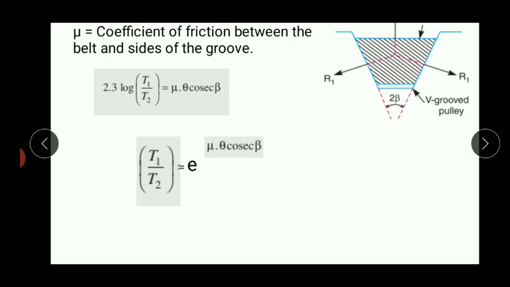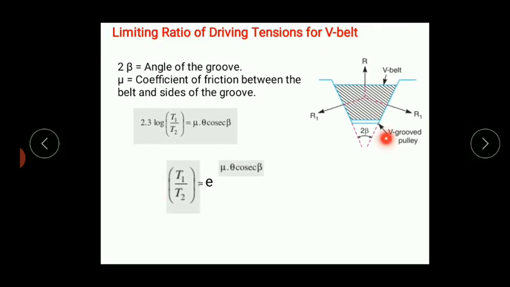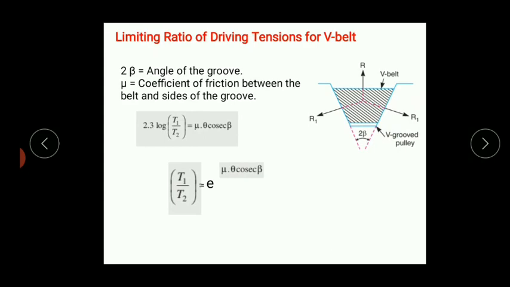Cosec beta: beta is inside a trigonometric function over here, cosec is a trigonometric function, that's why you have to take beta in degrees only. So you need to remember that theta is in radians and beta is in degrees only. You should remember the difference between both, because most of the time students get confused between the included angle and the angle of lap, and make mistakes.